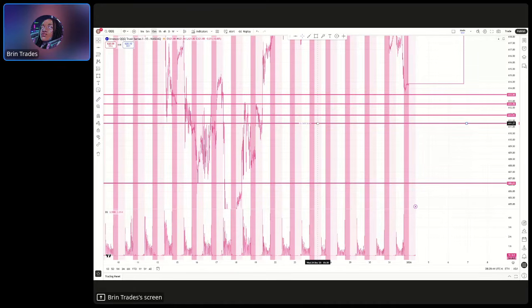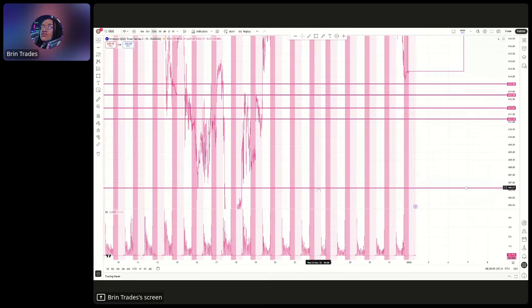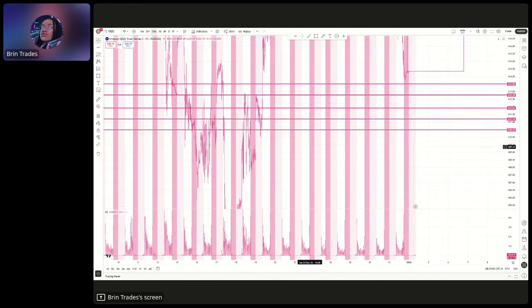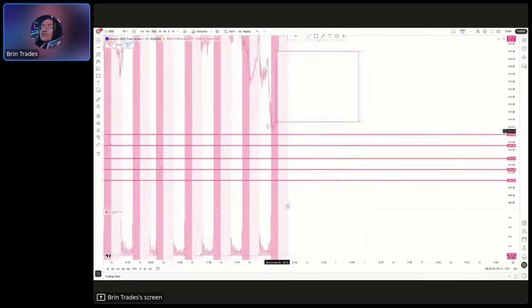We have 2 more minutes until the market opens. This one is 80. I think those price targets are pretty decent for the time being. Okay, market opens up in 30 seconds.